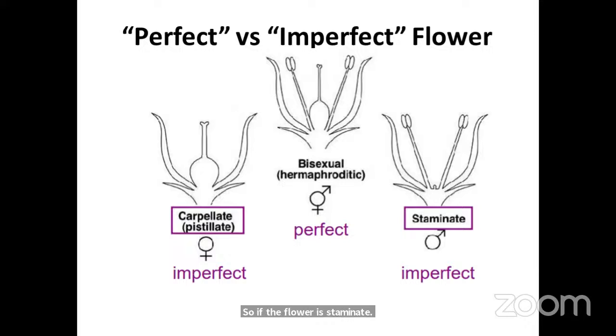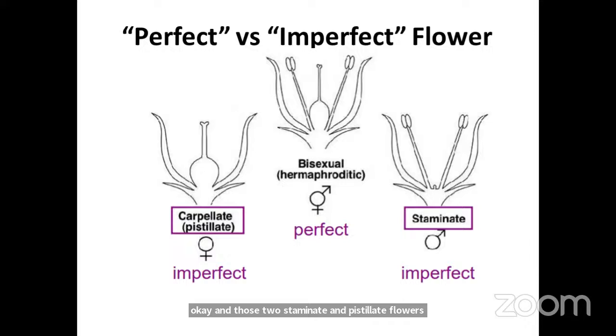Likewise, if the flower has the carpel only or the pistil only, it is also classified as an imperfect flower. By the way, a flower that has carpel only is called a pistillate flower. Those two, staminate and pistillate flowers, are classified as imperfect.